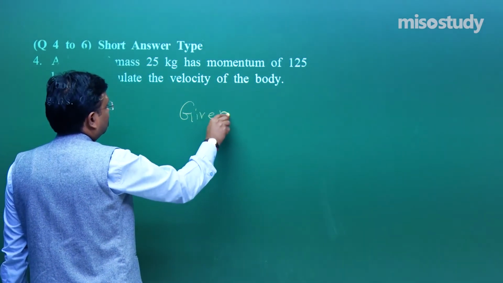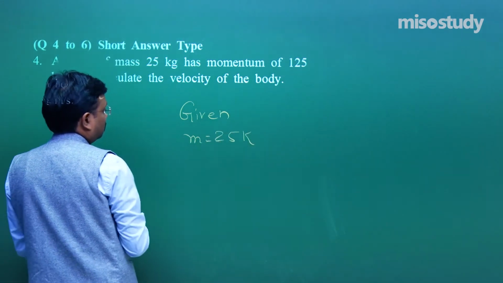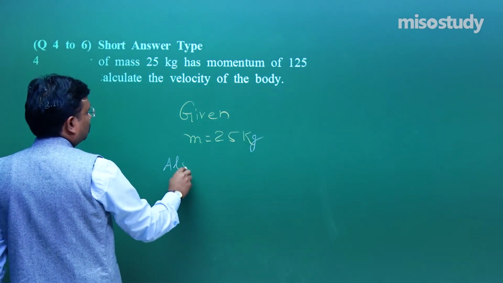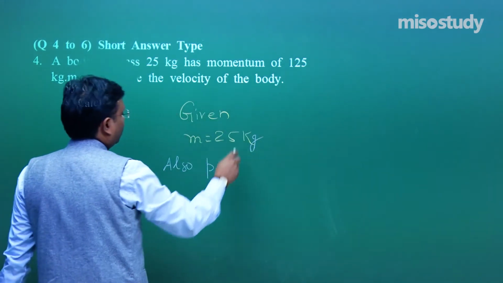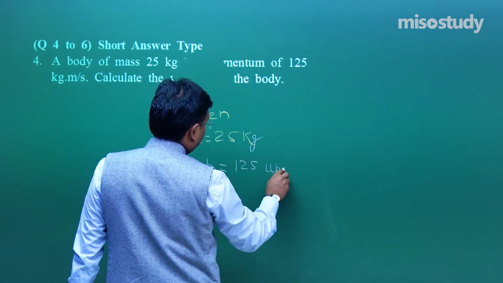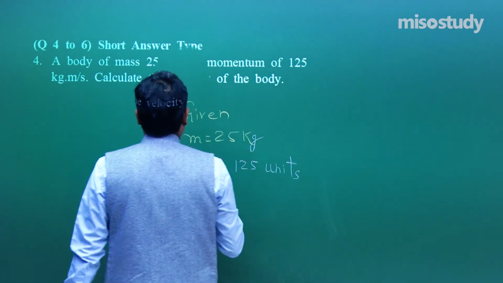Given: m is equal to 25 kg, also p is equal to 125, fine, units. Now, you have to find the velocity v.